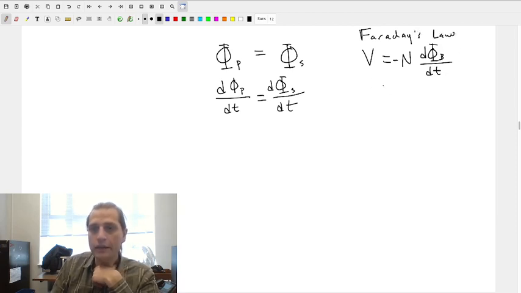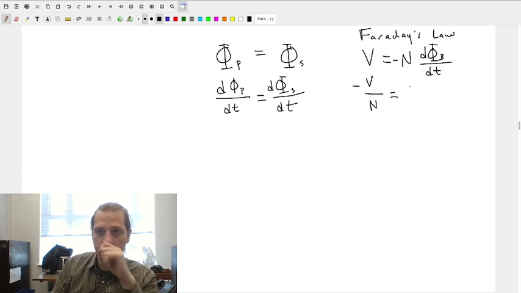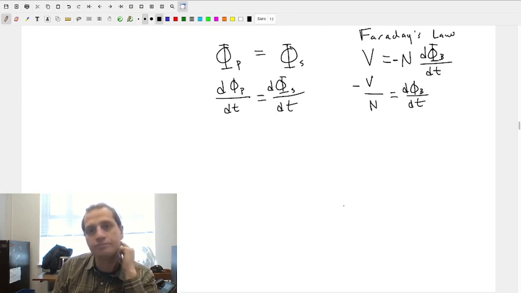It essentially says that minus the voltage through a series of coils divided by the number of coils will give us how the flux is changing per unit time. Okay, so now we're going to put this in on both sides.